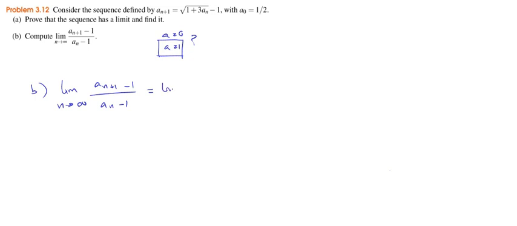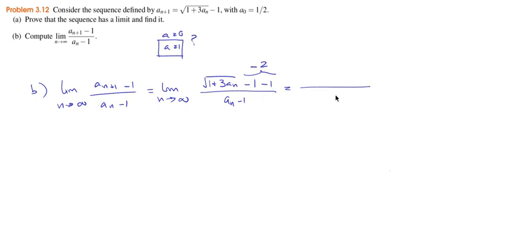What actually is the easiest way to do it is to operate and substitute the expression for a sub n plus 1 with this expression, and then we have a sub n minus 1. And now again, just like before, this is minus 2, and I'm going to multiply and divide.